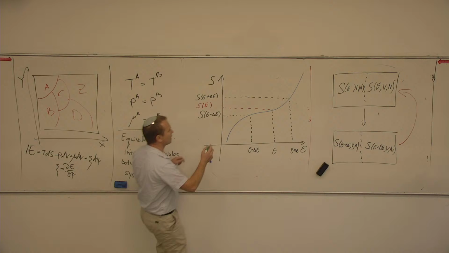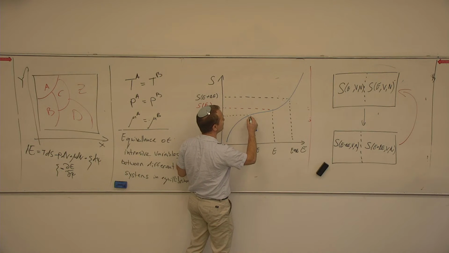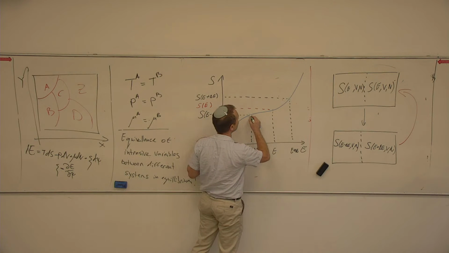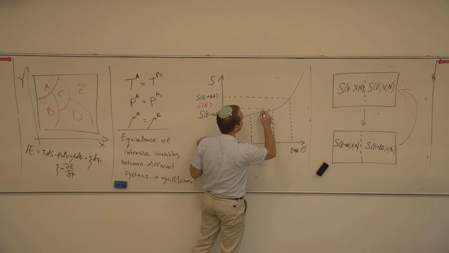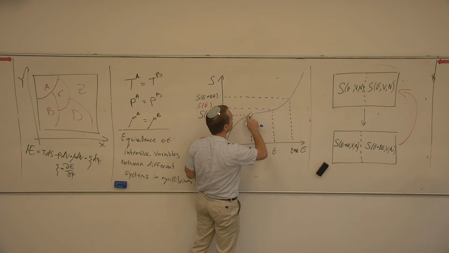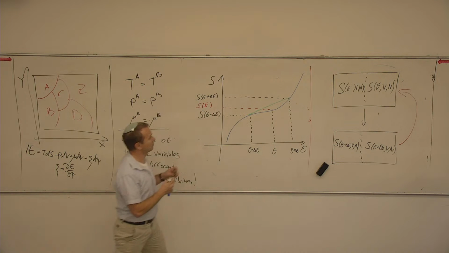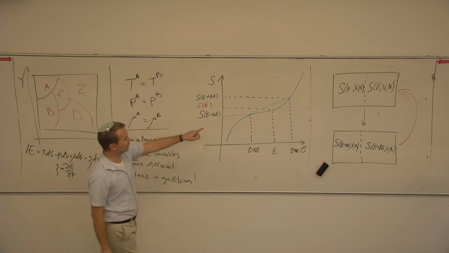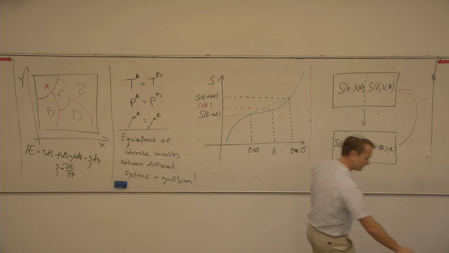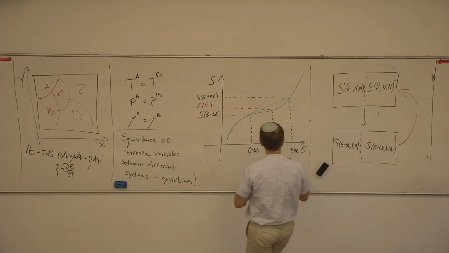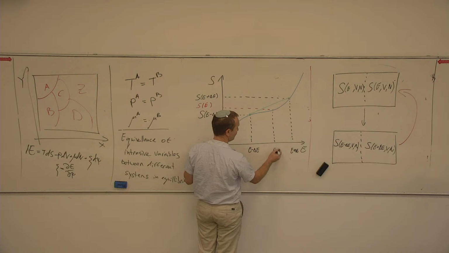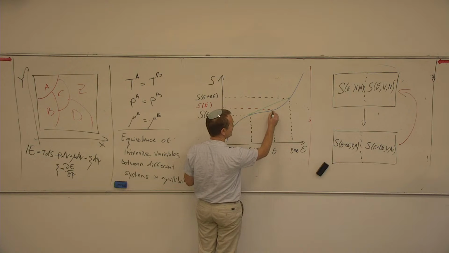Because what happens if I plot the line that connects those 2 points? If I plot a line that connects those 2 points, I will continue this line a little bit over here.